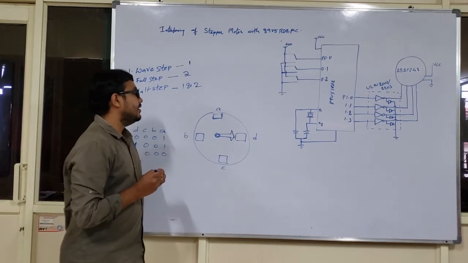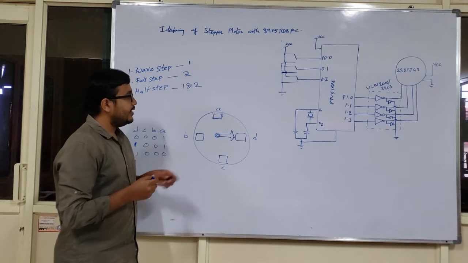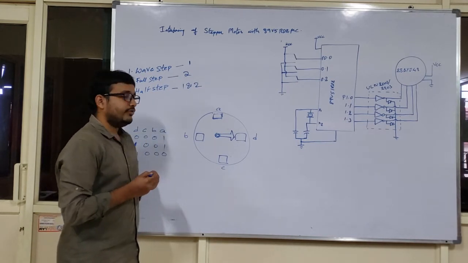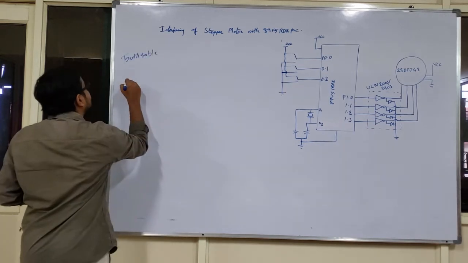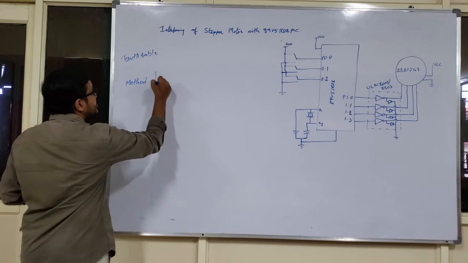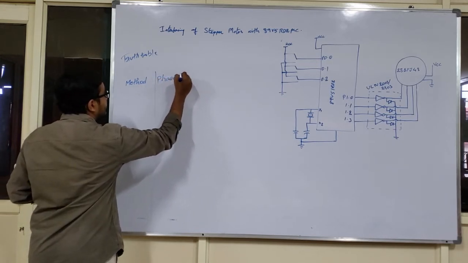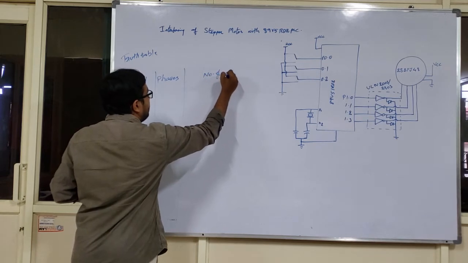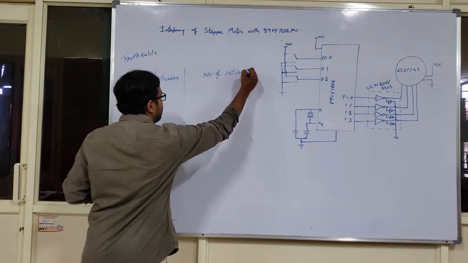And let us see the truth table, how to make the entire data in a kind of chart representation. We will discuss now. First column, let me write as method. Next is phases, and next is number of instances. Instances are number of steps.